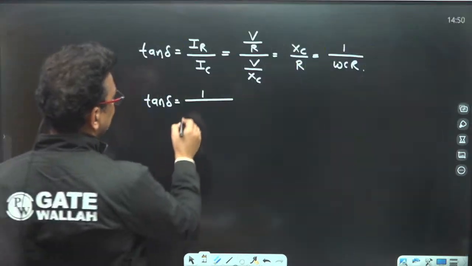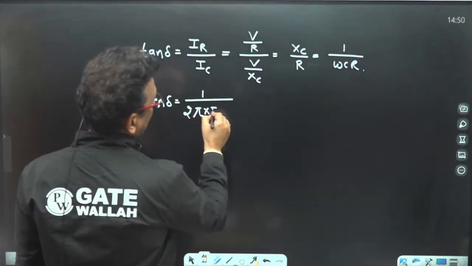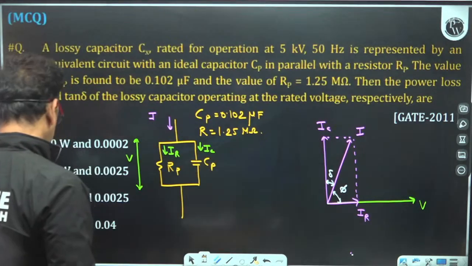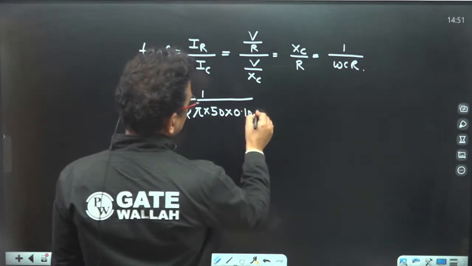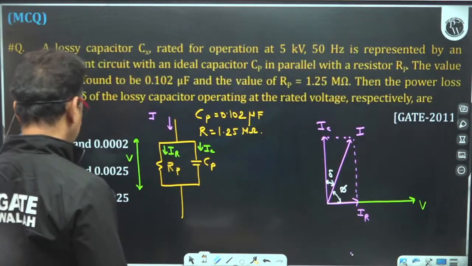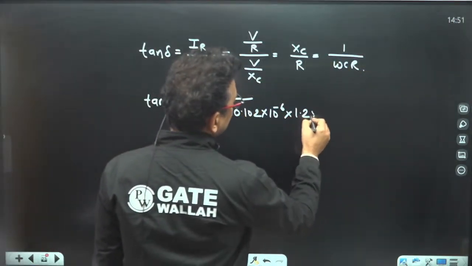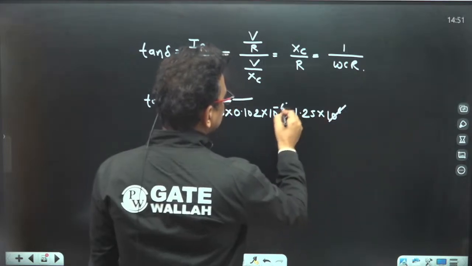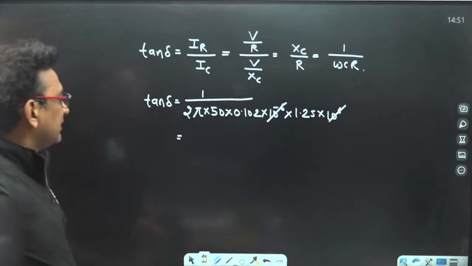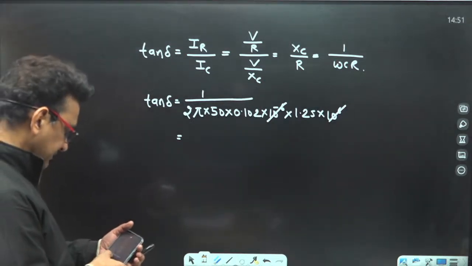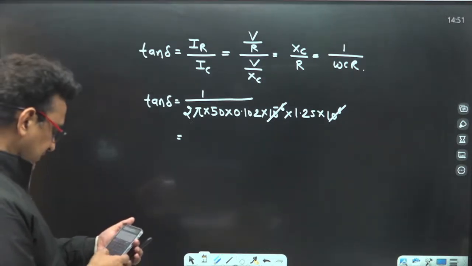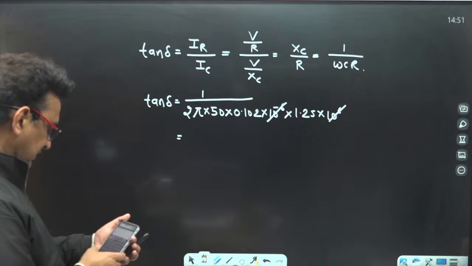Frequency is 50 Hertz, so omega is 2 pi f, which is 100 pi. The values of C and R are given: 0.102 microfarad and 1.25 megaohm. So the powers of ten will cancel out, and we get 100 pi into 0.102 into 1.25.